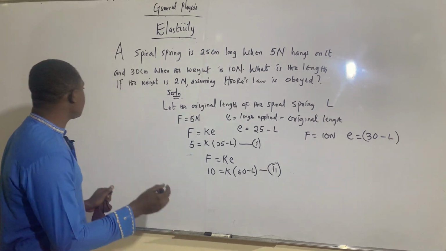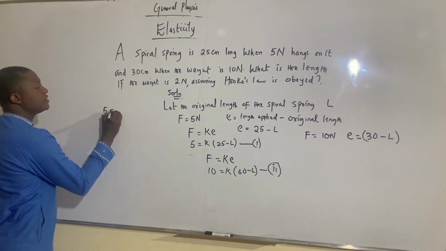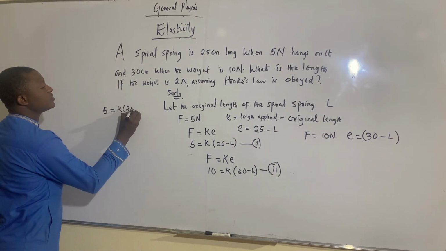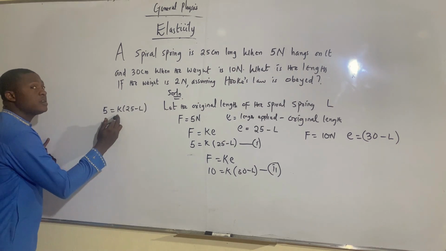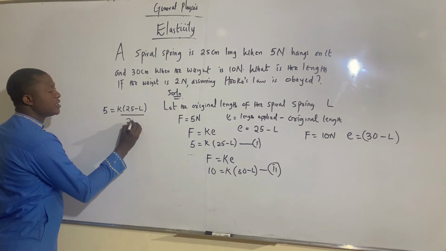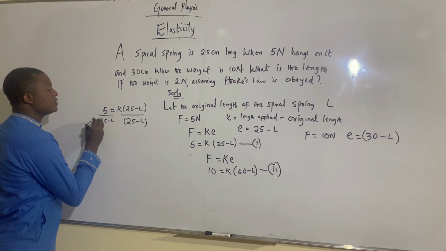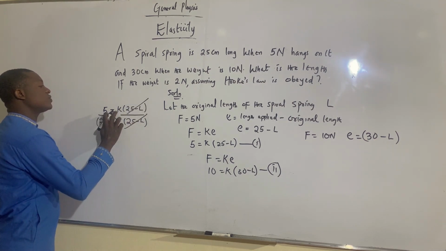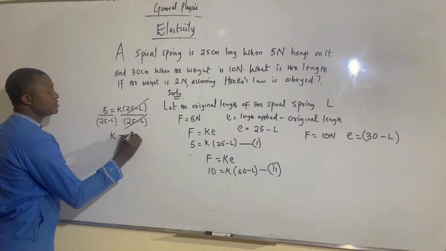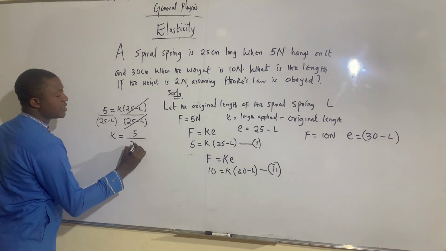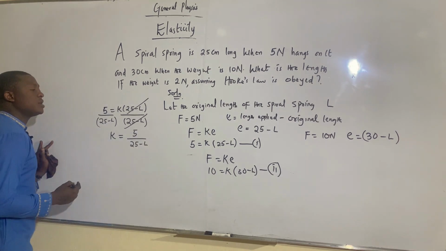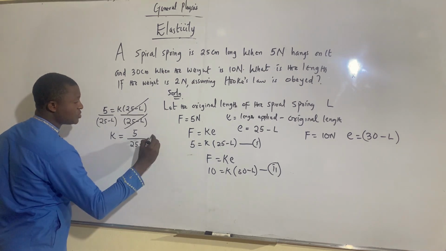So now from equation 1, what I have is 5 is equal to K bracket of 25 minus L. If I make K the subject, divide through by 25 minus L, 25 minus L. If this cancels this, that means what I have here is that K is equal to 5 divided by 25 minus L. So I can just say this one is still equation 1, right?